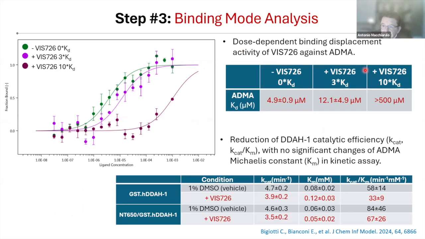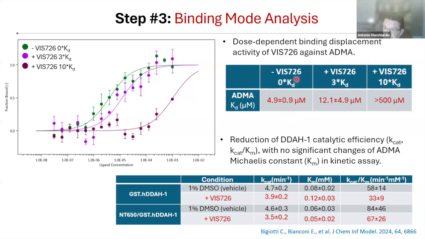These assays were run incubating the protein in the absence or with different concentrations of the compound, purpurogallin, in particular using 3 times the concentration of the KD values or 10 times the concentration of the KD values, and then assessing the ability of the substrate, ADMA, to bind the enzyme.